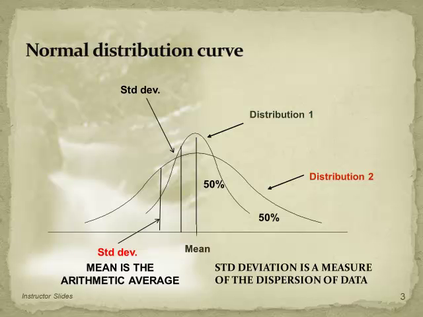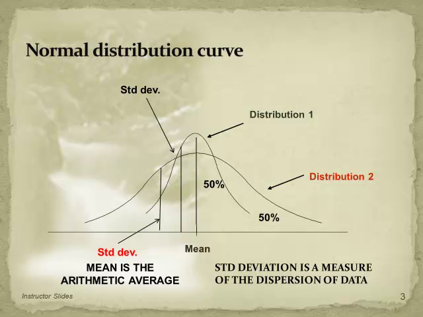Now what this slide shows is two normal distribution curves. Take a close look at the diagram. We can see one normal distribution curve that is kind of tall and kind of skinny, and I have labeled that distribution number 1. And we see another normal distribution curve, which is a little shorter and a little fatter, and we've labeled that normal distribution curve number 2.